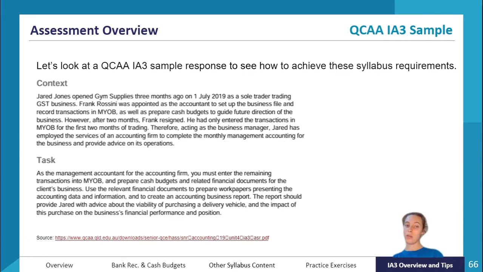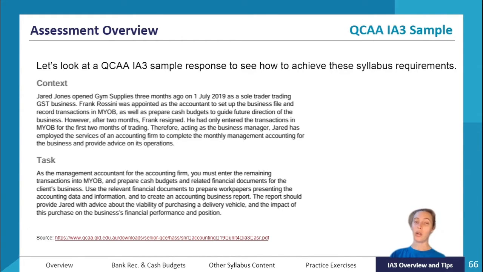So use the financial documents to prepare work papers presenting the accounting data and information and to create an accounting business report. The report should provide Jared with advice about the viability of purchasing a delivery vehicle. This is that business goal that is central to the assignment. So it's been clearly stated here.